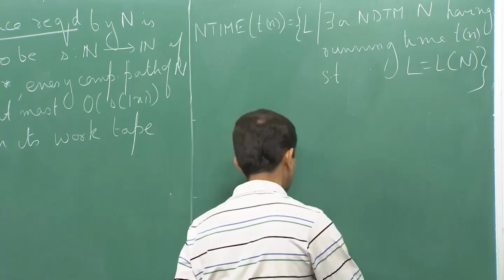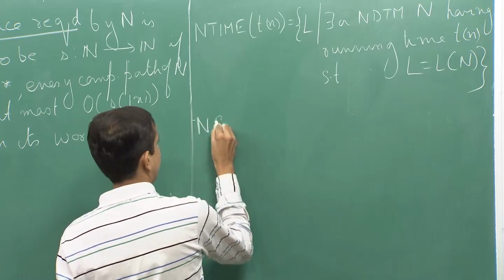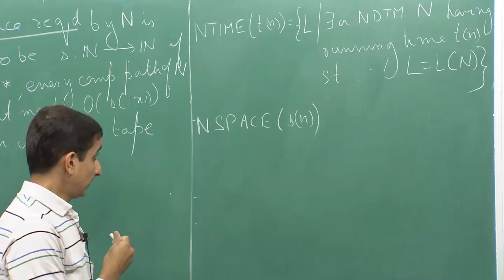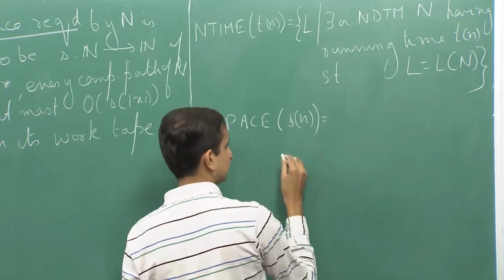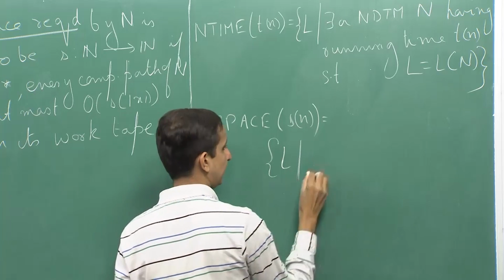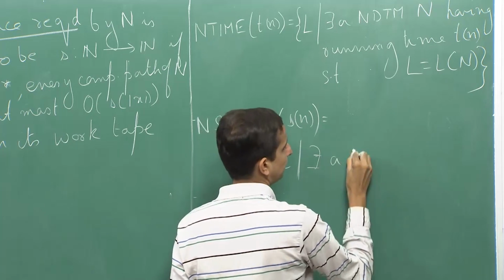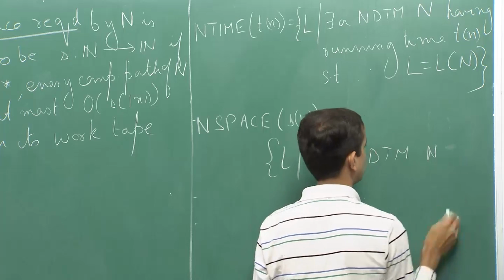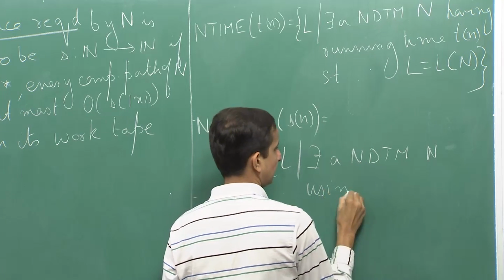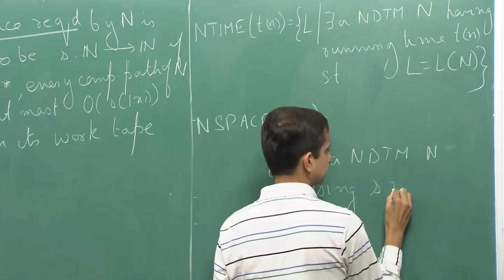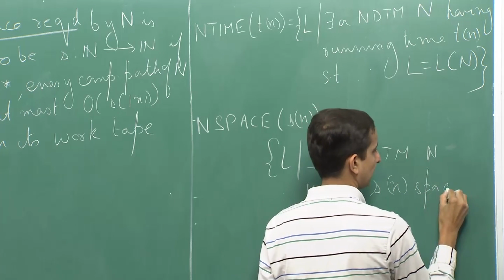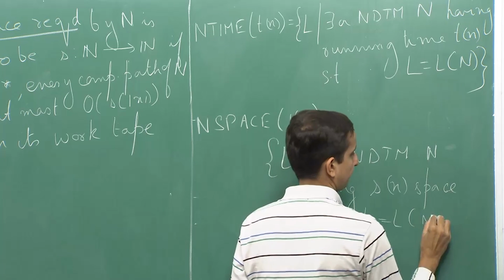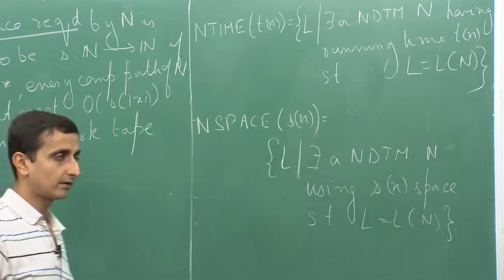Okay. So, similarly, NSPACE of S of n is defined as the class of all languages L such that there exists a non-deterministic Turing machine N using S of n space such that L is equal to L of N. Okay.